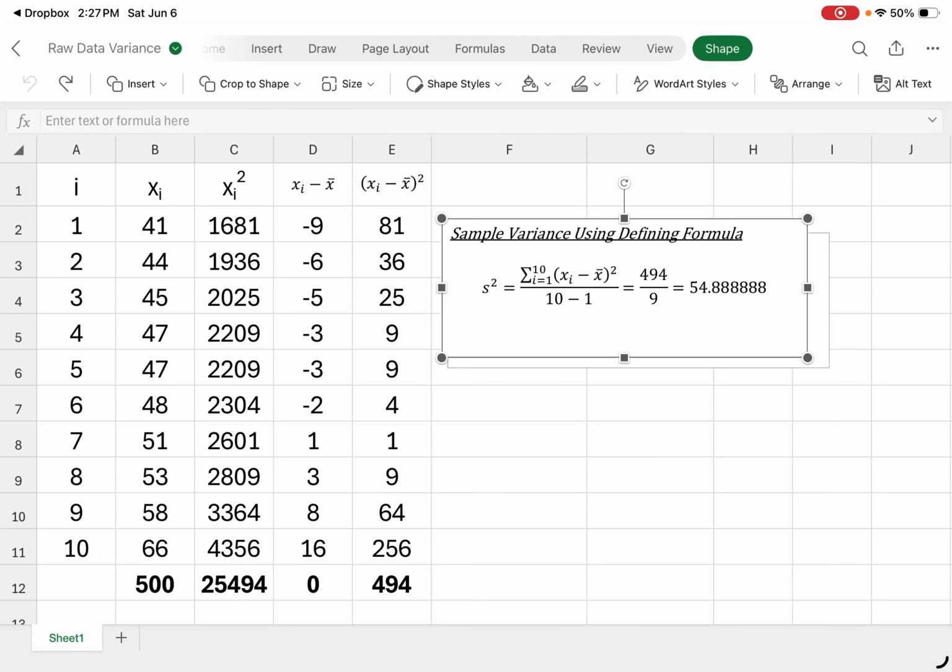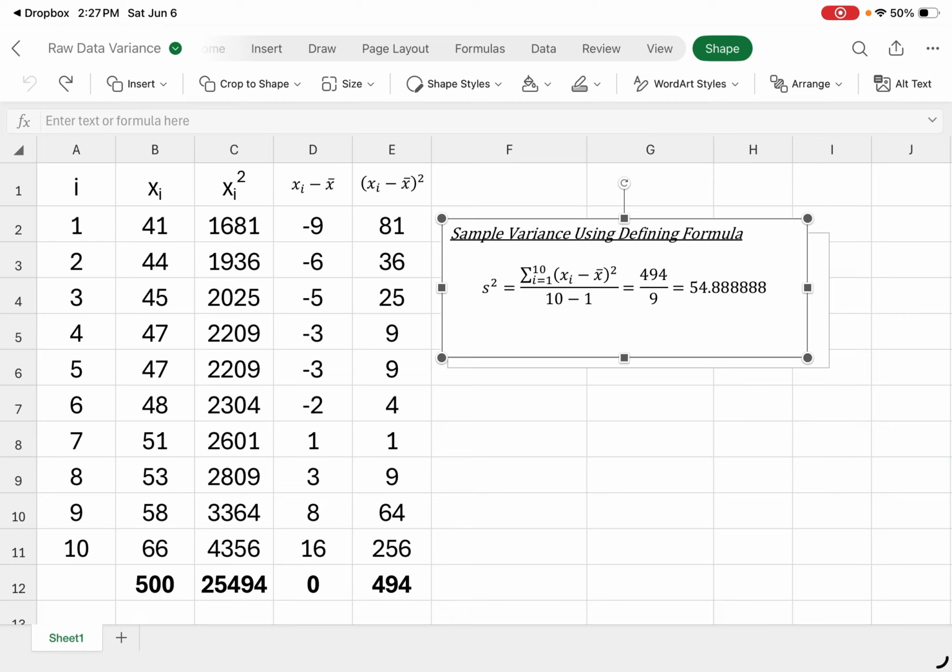And you can see that is given here. So the formula is basically that sum of the differences squared divided by n minus 1, which in this case would be 9. And so 494 divided by 9 gives us 54.8, and then the 8 repeats. So that's the sample variance. That's using the defining formula to calculate.